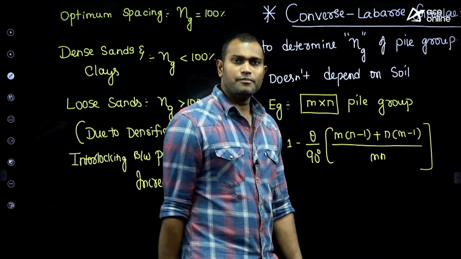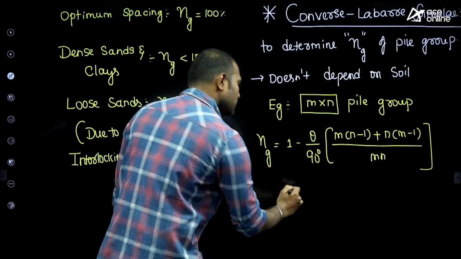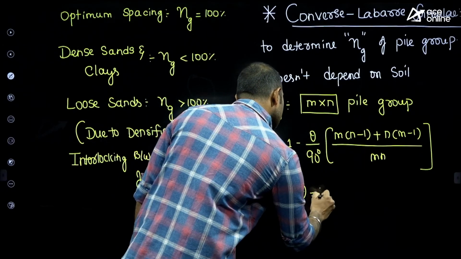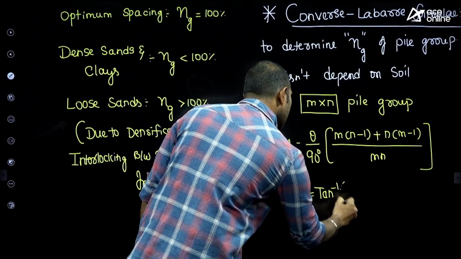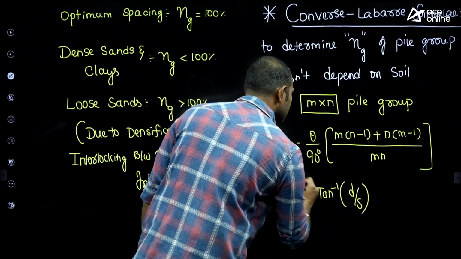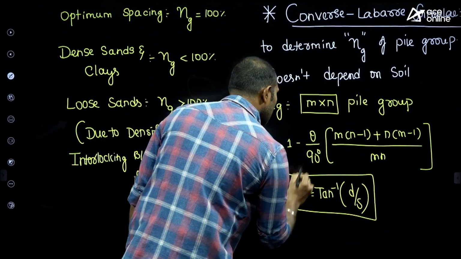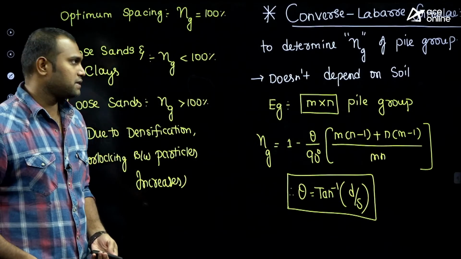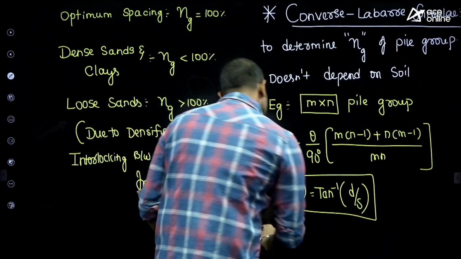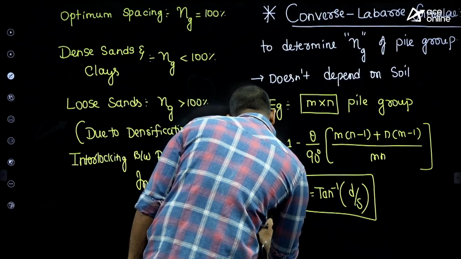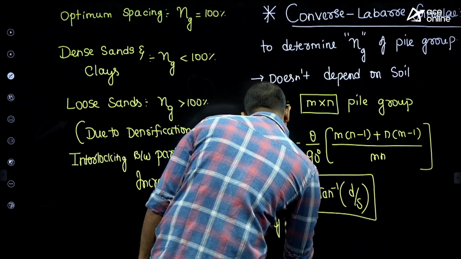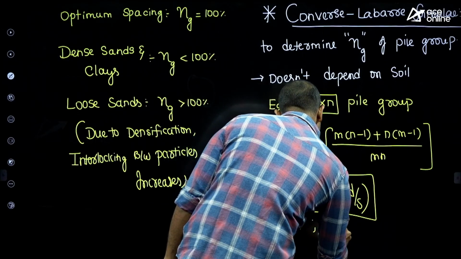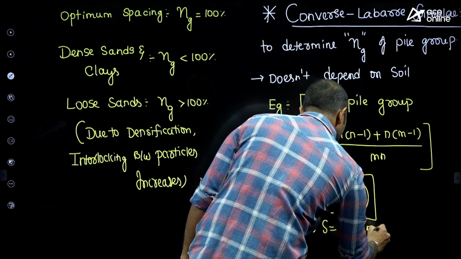That is fixed, and it all depends upon the theta. And what is this theta, sir? The theta is nothing but tan inverse of d by s, where d is the diameter of the pile and s is the center to center spacing.